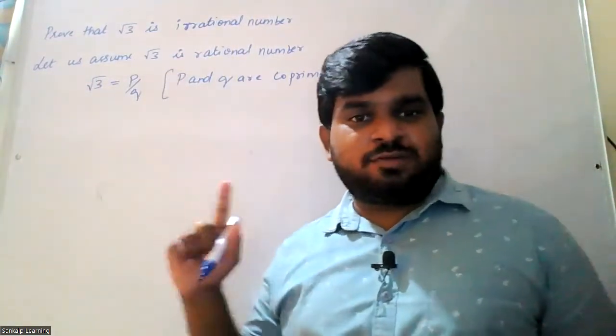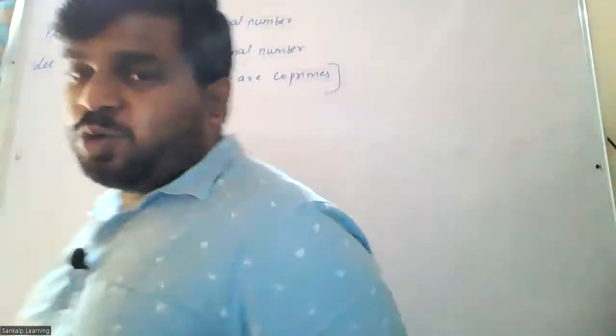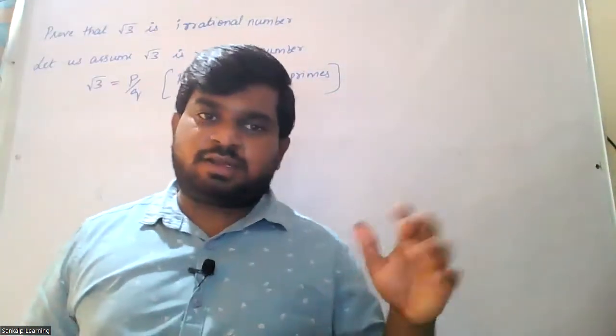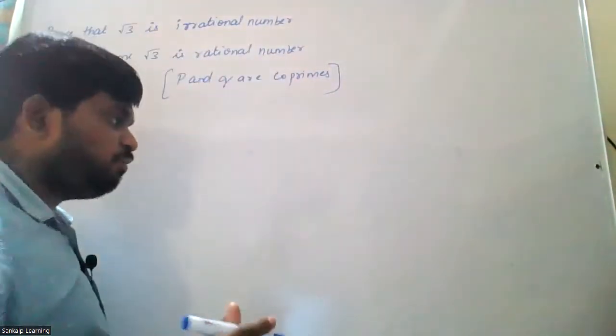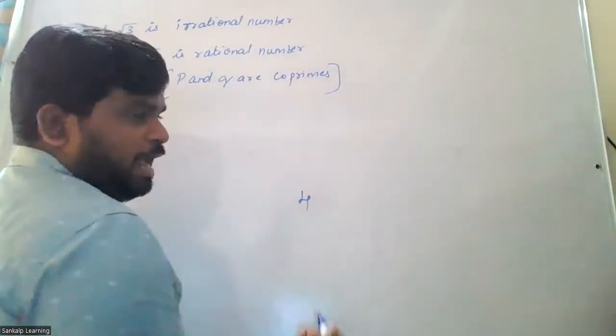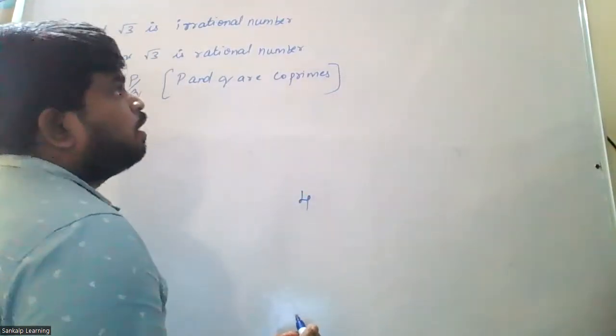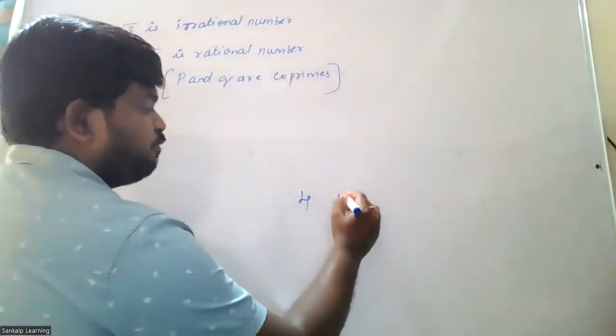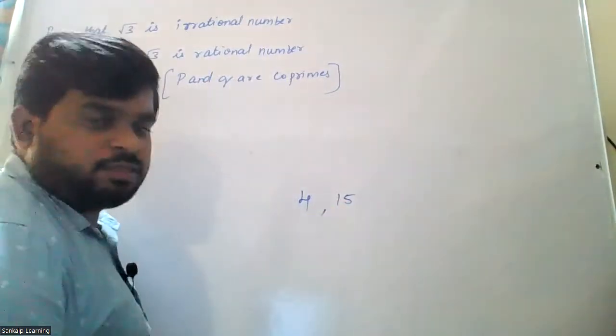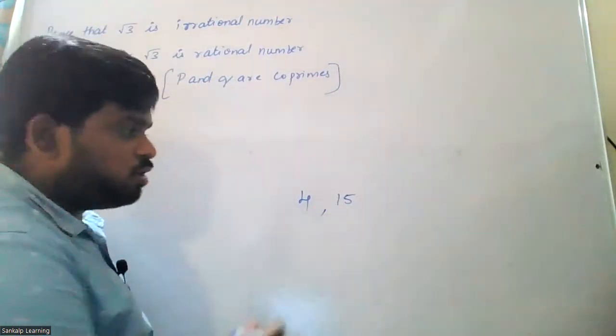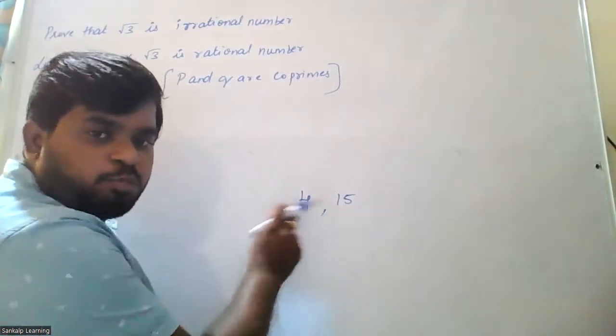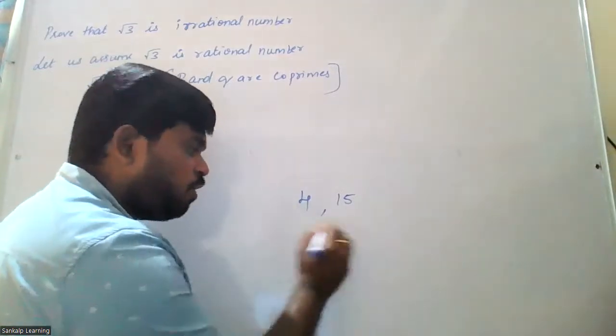Both p and q are divisible by 1 together. Individually, they are divisible by many numbers. Don't get confused. Take 4 and, let's say, 15. These are co-primes because together both the numbers are divisible by only 1.